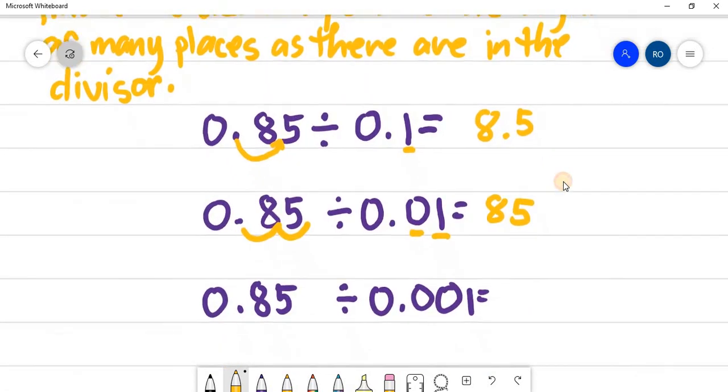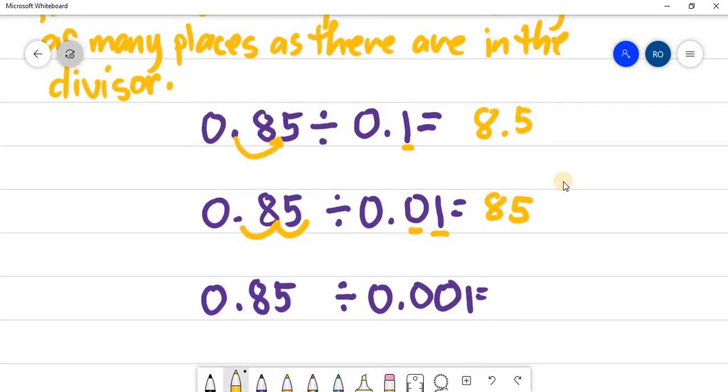What if we divide 0.85 by 0.001? In this case, we have 3 decimal places, so we move the decimal point thrice to the right. 1, 2, 3.